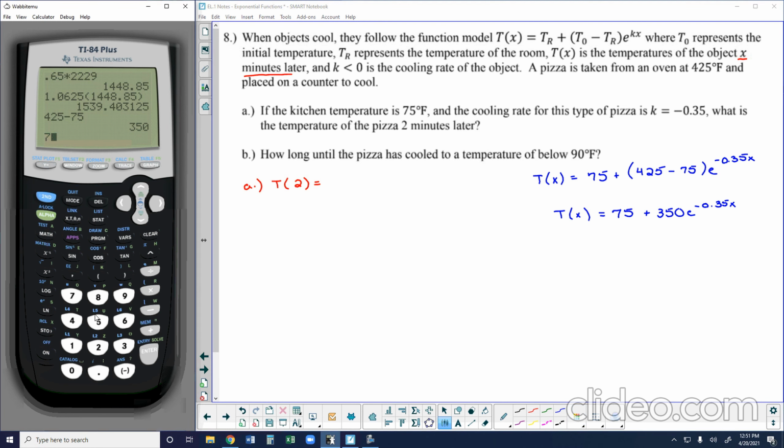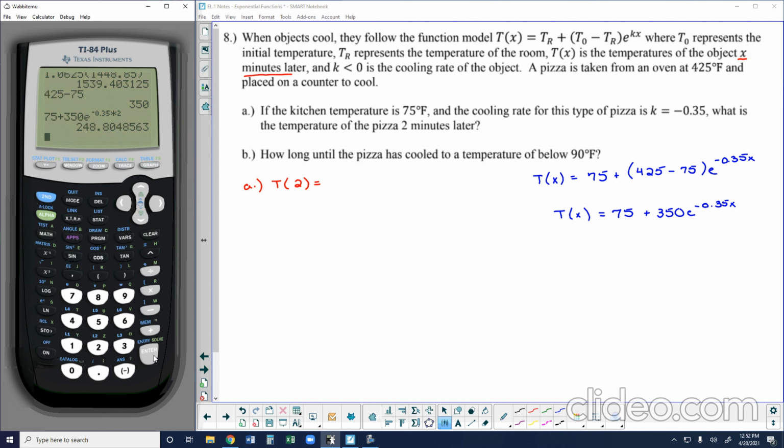So this would be 75 plus 350 times e to the negative 0.35 times 2 power. And this would give us the approximate temperature 2 minutes later.